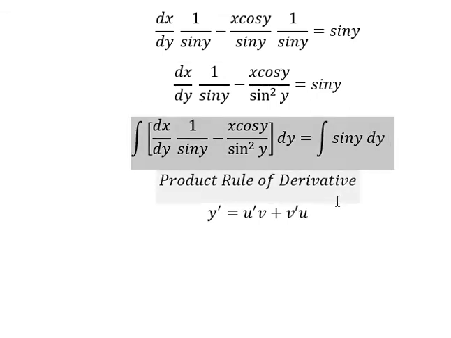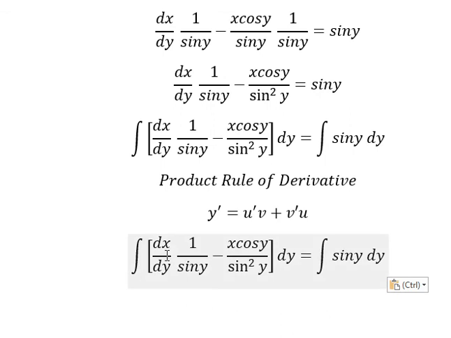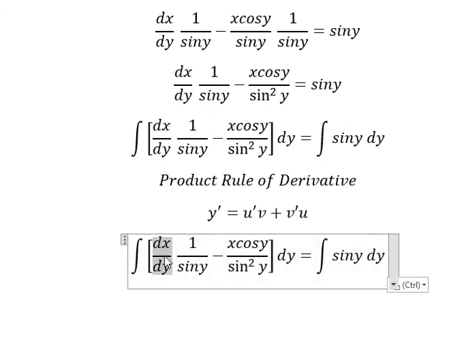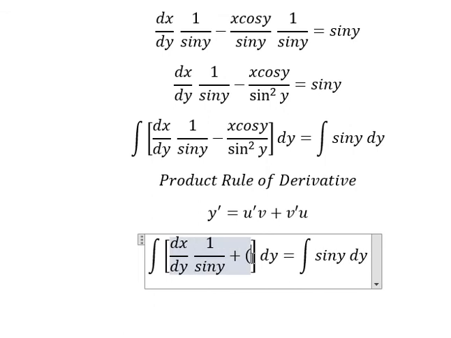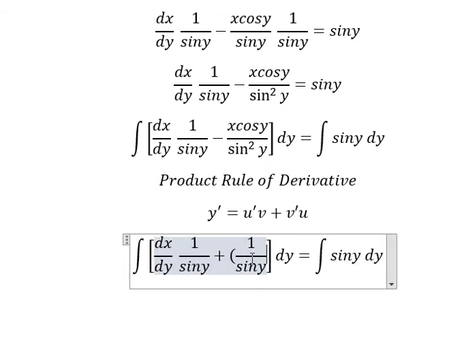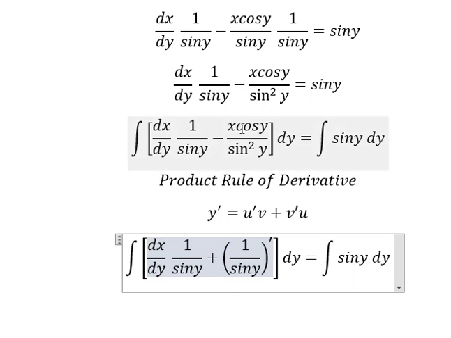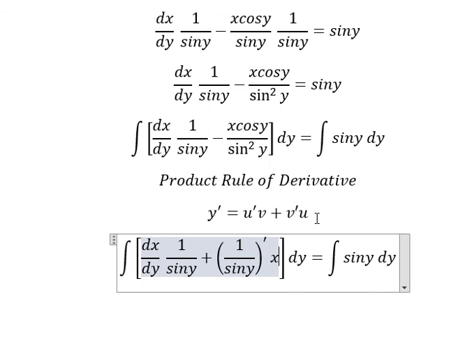So if we look carefully at this one, this is the first derivative of u multiplied by v. And this one, that's the first derivative of 1 over sine y, so you get negative cosine y over sine y squared. And we have s in here.